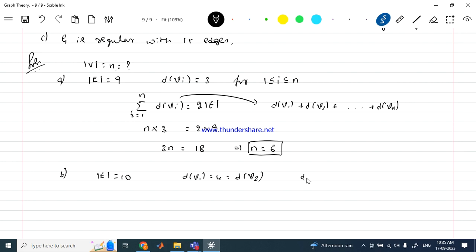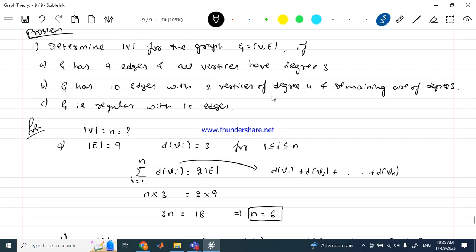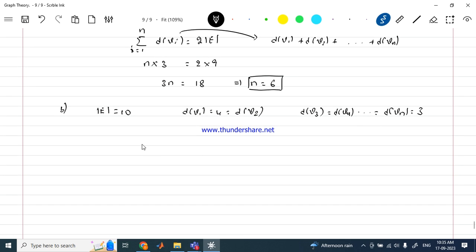And degree of V3, degree of V4 and so on, degree of Vn, that is equal to 3. Okay, so only the degree of 2 vertices is 4 and the degree of the remaining vertices is equal to 3. So by using handshaking property, summation i equal to 1 to n, degree of Vi is equal to 2 times the number of edges.